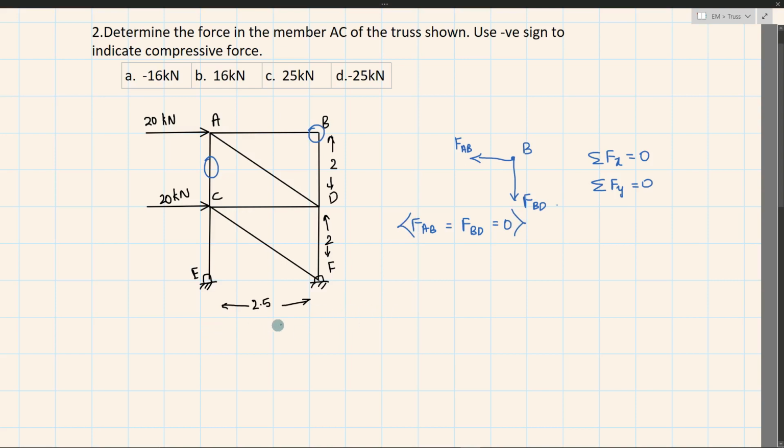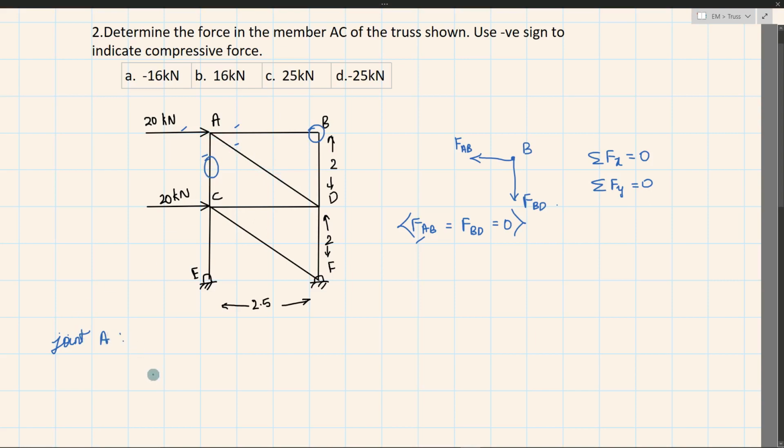Alright, and then I'll go for joint A. In joint A, I have 1 force, 2, 3 and 4. I know this force, that is FAB. I already found out this one, and I don't know about this force and the other unknown force.